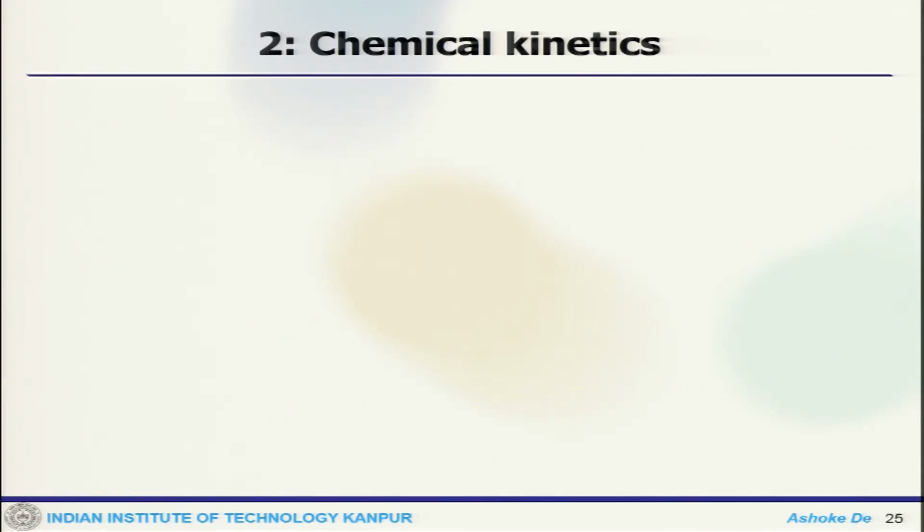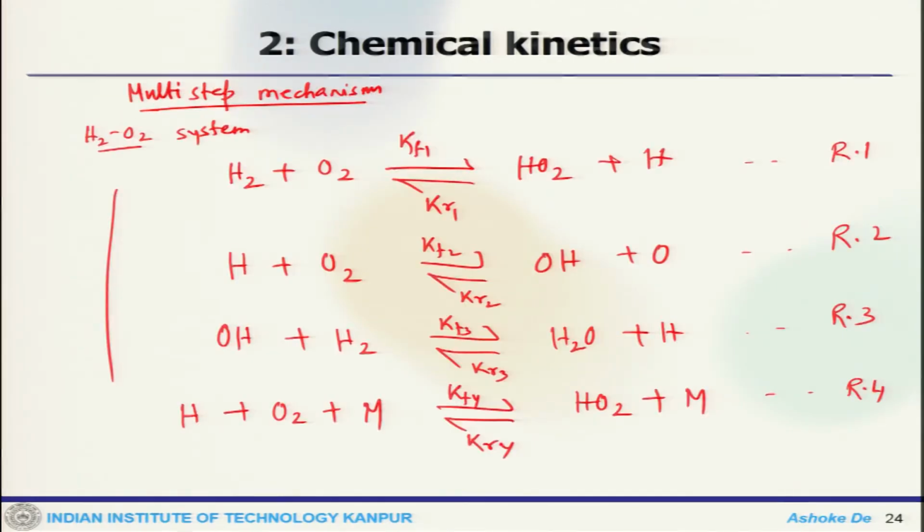Now, the net production rate of any species, let us say X, is the sum over all the individual elementary reactions producing X minus all the rates destroying X. So, if we want to find out the net production rate of OH, then we have to consider those particular reactions where it is involved.